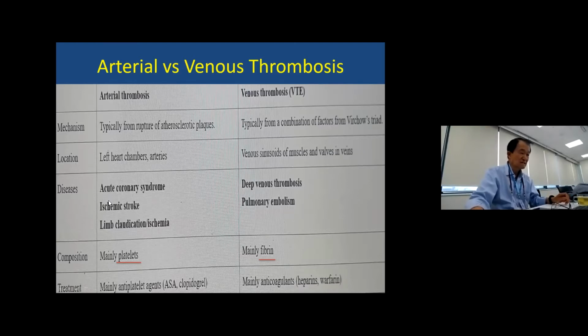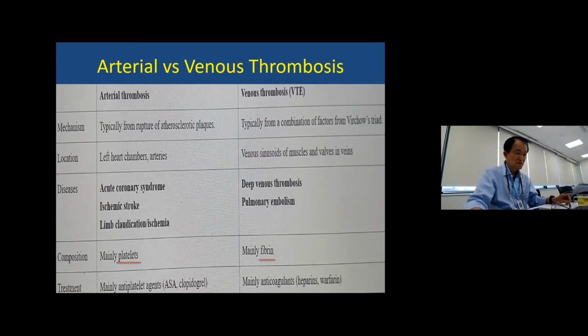If that clot is in the MCA, ACA, or some cerebral arteries, that will make an ischemic stroke or TIA early. And sometimes limb claudication can be found. On the other hand, for venous thrombosis, we can have deep vein thrombosis that also eventually makes a pulmonary embolism.